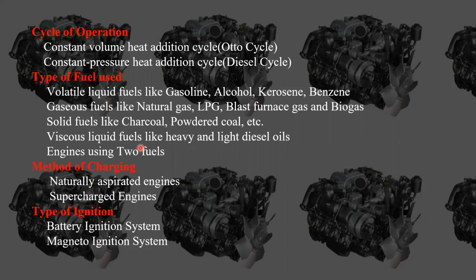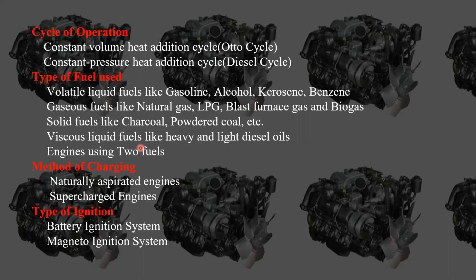Here, within viscous liquid fuels, first of all we need to send air. During the suction stroke the air gets into the combustion chamber or cylinder, and at the end of the compression stroke we inject fuel with the help of fuel injectors.